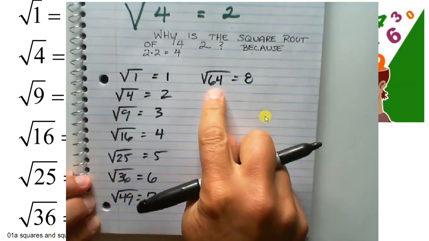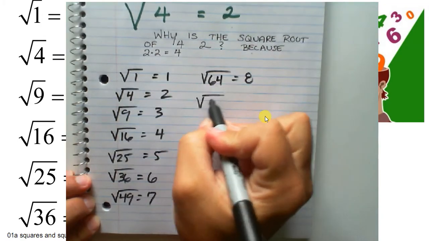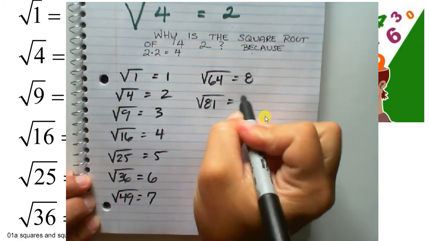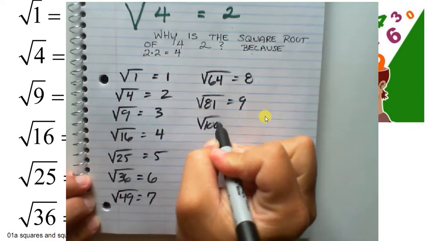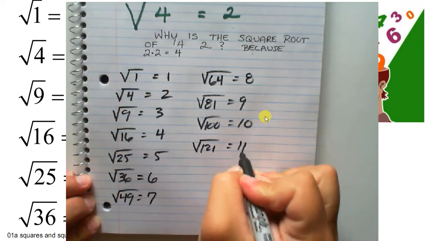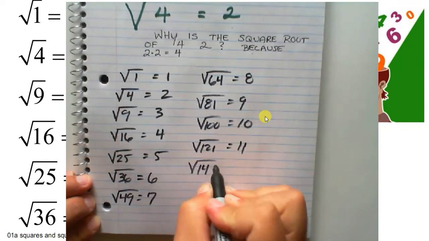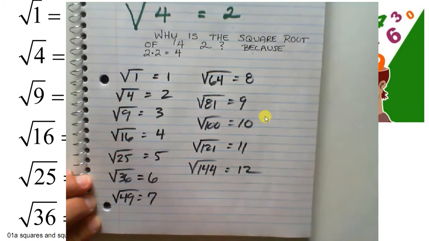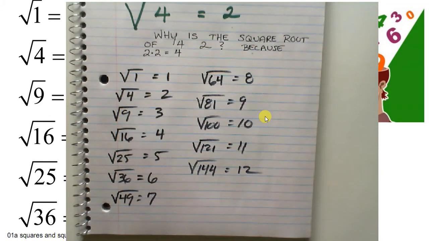Why? Because 8 times 8 equals 64. The square root of 81 equals 9. The square root of 100 equals 10. The square root of 121 equals 11. And the square root of 144 equals 12. And those are all the square roots up to 12.